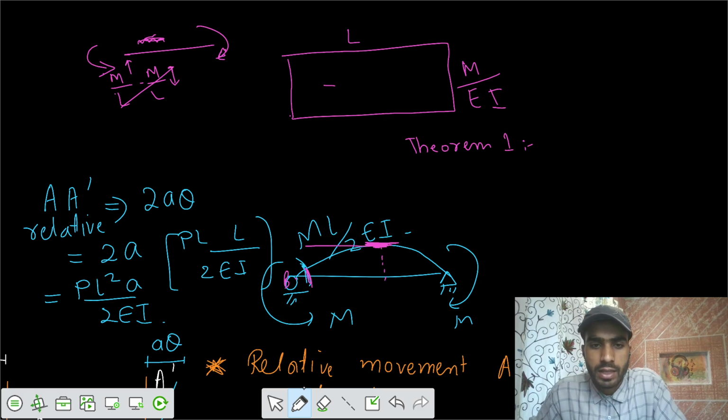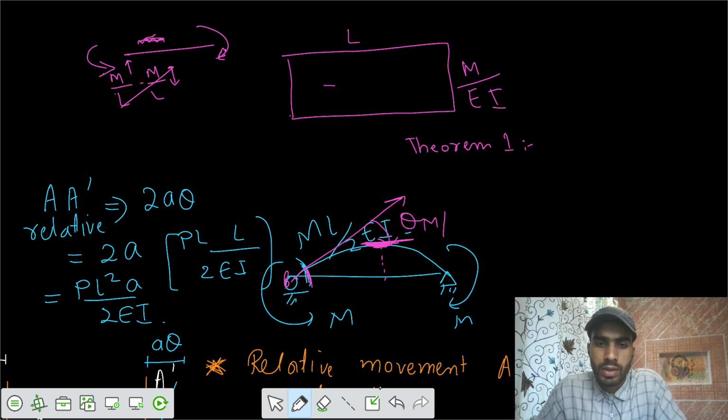So if I draw a tangent at the midspan, or I can say if I draw a tangent from the support B, and I say that here theta is 0, then this value I can call theta at mid with respect to the tangent drawn from B, that is equal to the area between the 2 points in the M by EI diagram.